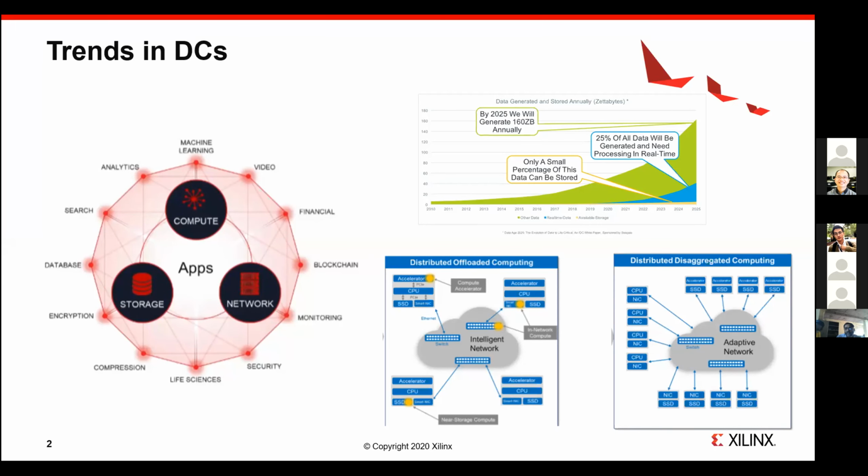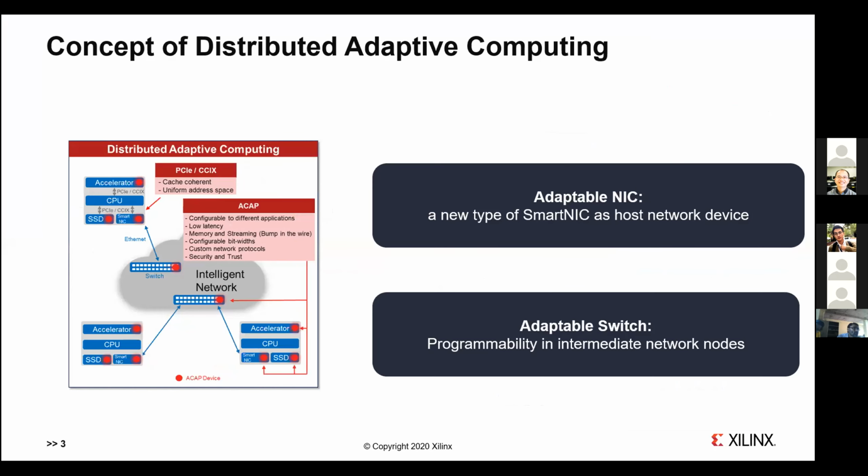Okay, so following these two trends, we propose distributed adaptive computing, which is fundamentally a new network technology. We propose a new technology based on our Xilinx recently defined silicon category, which is Adaptable Computing Acceleration Platform.